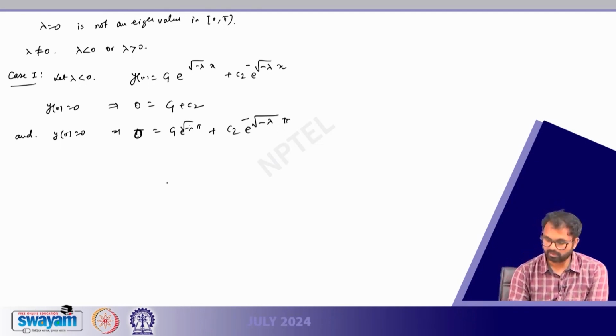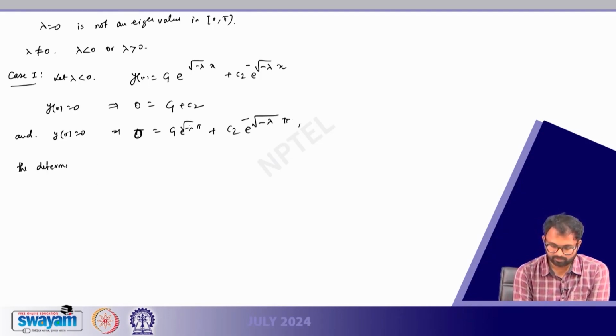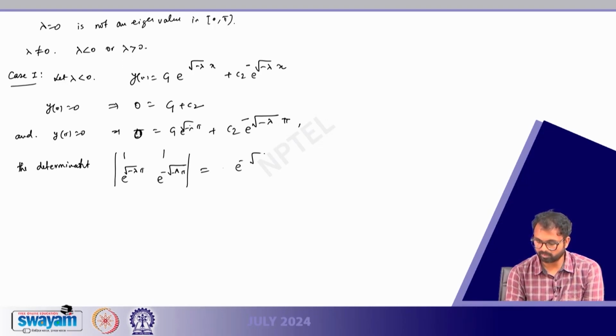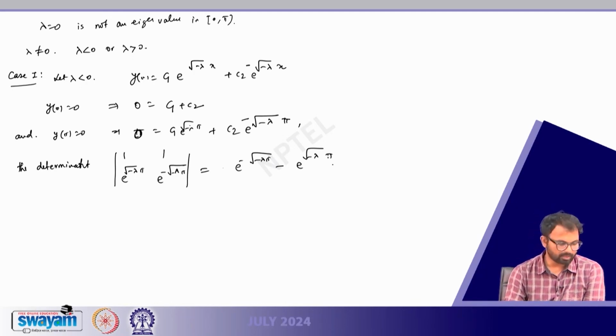So, from here the determinant is e to the power of square root of minus lambda pi minus e to the power of minus square root of minus lambda pi, and this actually is a non-zero quantity.